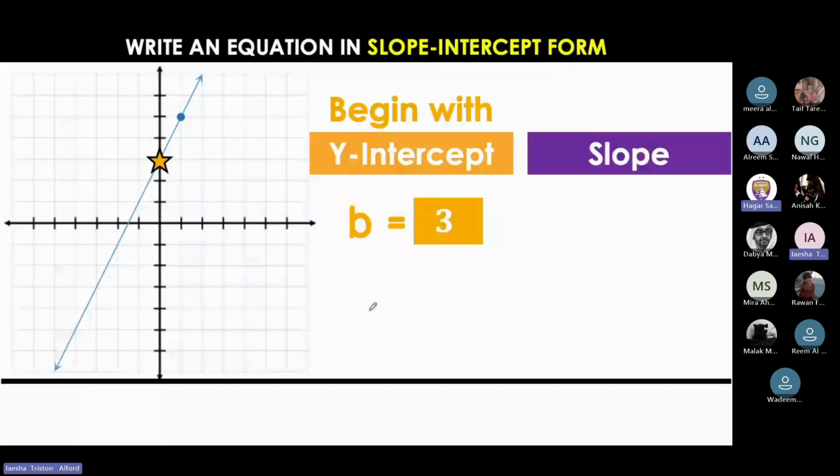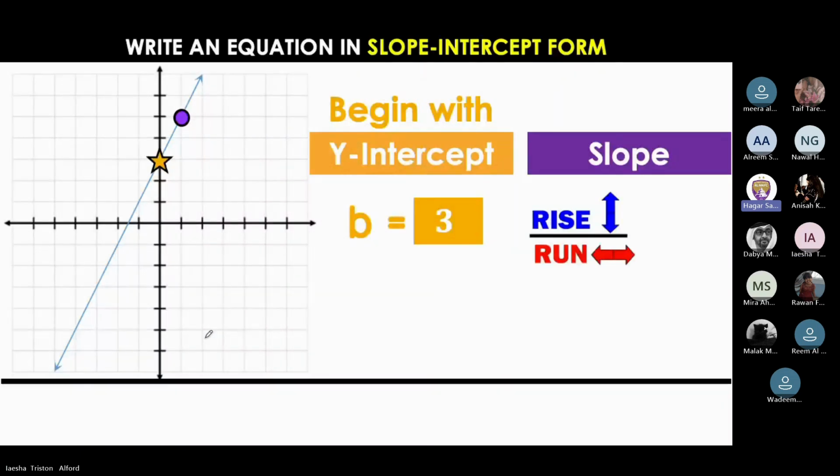Then we need to find the slope using rise over run. To make rise over run, you need 2 points. We have to start at the star and connect it to the point. So if we're starting at the star, do we go up or down? We go up. How many? 2. So positive or negative 2?